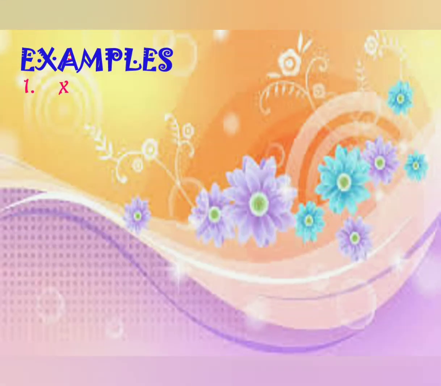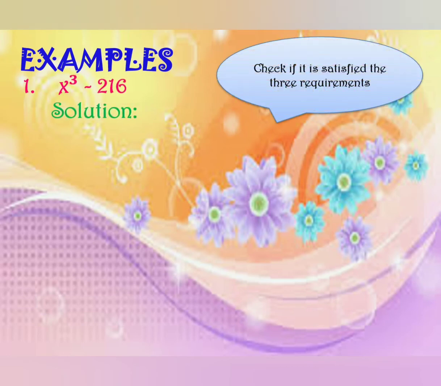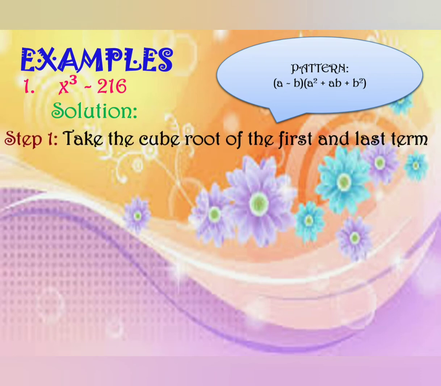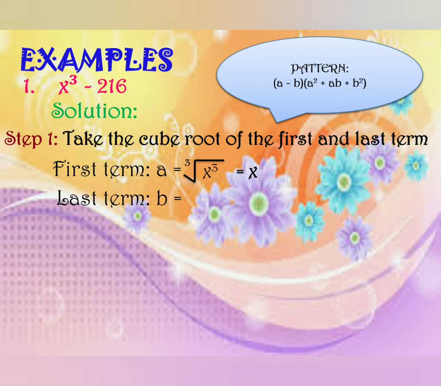Examples. Number 1, x cubed minus 216. Solution. Check if it satisfies the three requirements. Since it does, we can now use the pattern quantity a minus b times quantity a squared plus ab plus b squared. Step 1, take the cube root of the first and last term. Our first term is x cubed, so the cube root of x cubed is x. Our last term is 216, so the cube root of 216 is 6.